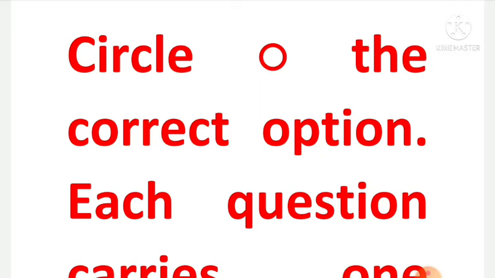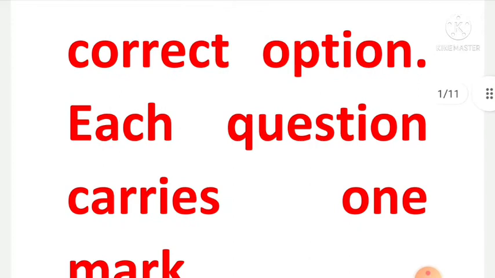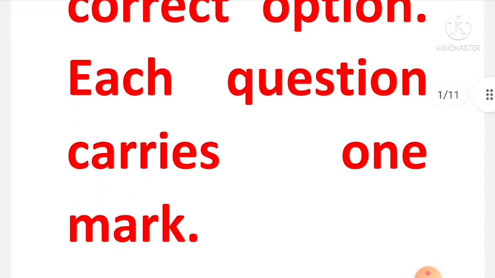Circle the correct option. Each question carries 1 mark. Before solving these questions, if you want to see the previous video on metal, you can go to the description box and take the link.